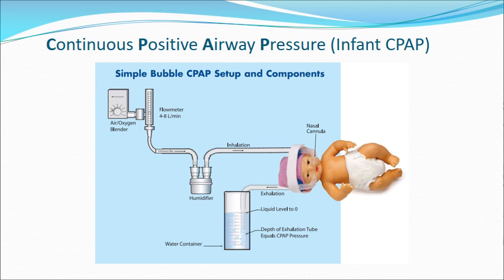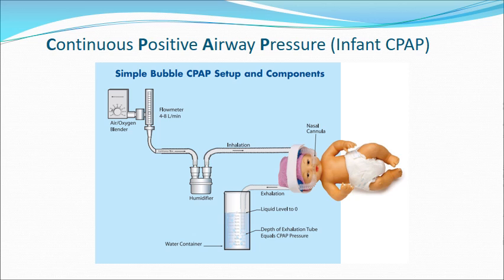So this diagram shows the basic elements of an infant CPAP bubbler. We have the air-oxygen mix from the wall, or you may need a compressor with an O2 tank and a mixing valve to moderate the amount of oxygen in the mix.